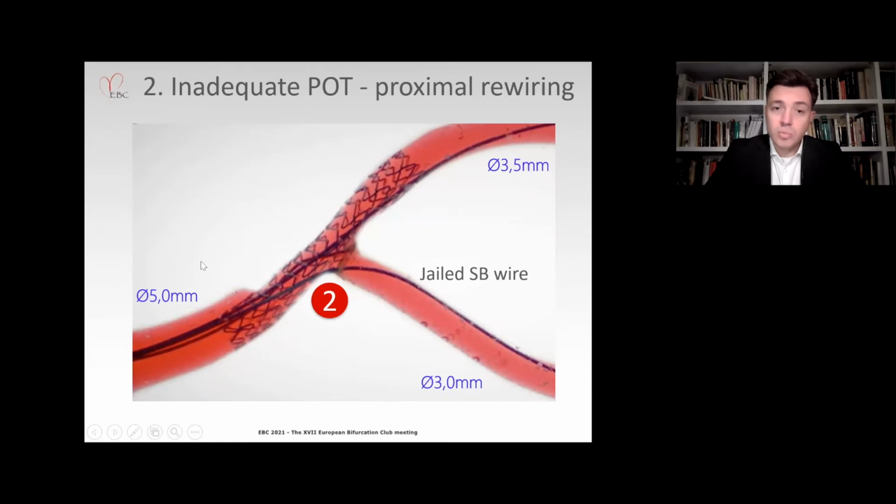Now let us focus on the more distal segment at the bifurcation core. So if you do not perform POT, or if it is performed in a way that is not correct, you will practically always aim for the proximal cell when trying to rewire the side branch, as you can see nicely here in this bench test. This is not what we try to achieve with crossover stenting. We try to go as distal as possible when re-accessing the side branch.